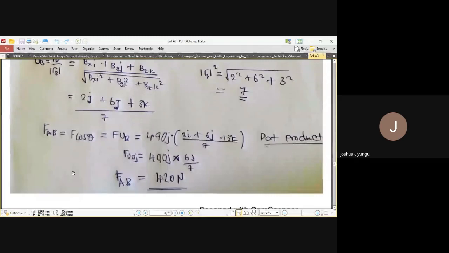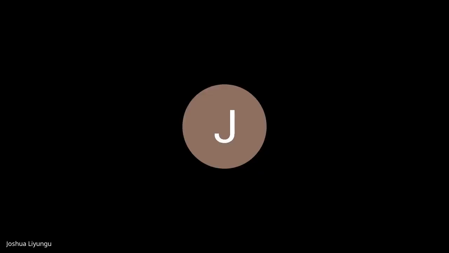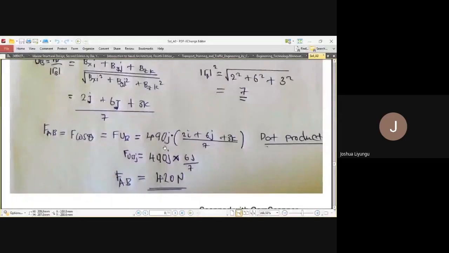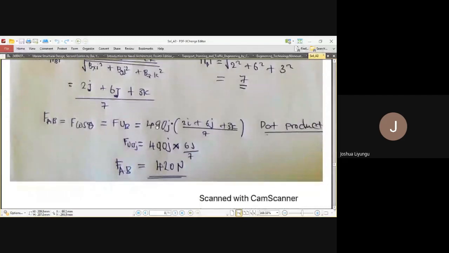We already have the unit vector, which is 2i plus 6j plus 3k over 7. Our F there is 0i plus 490j plus 0k.